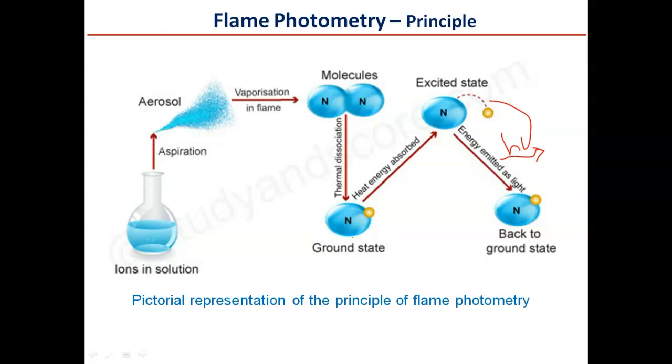These constituent atoms in the flame absorb heat energy and get excited to higher levels, and this higher level atomic state quickly loses energy to come back to the ground state, and this energy is in the form of light or photons. The intensity of light gives us the information about how much metallic atom is present in the given solution, and the wavelength of this light gives us the qualitative information about which element is present in the given solution. So this is the basic principle of flame photometry.